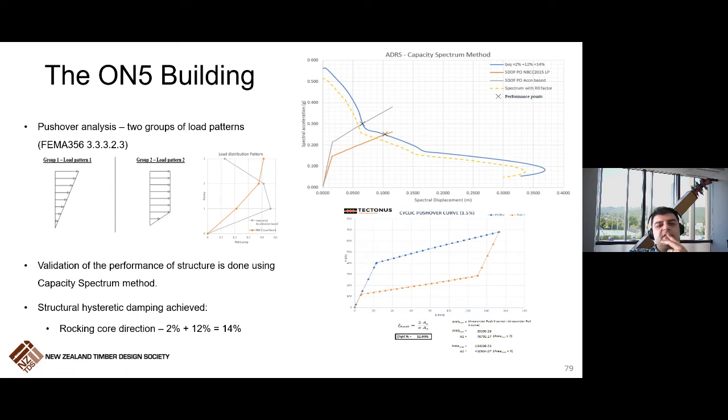One thing is that FEMA 356 was used to design this building, which is very similar to Part C2 of our retrofit book. So basically, same thing, same principle.